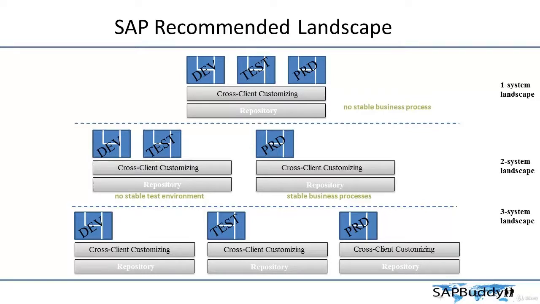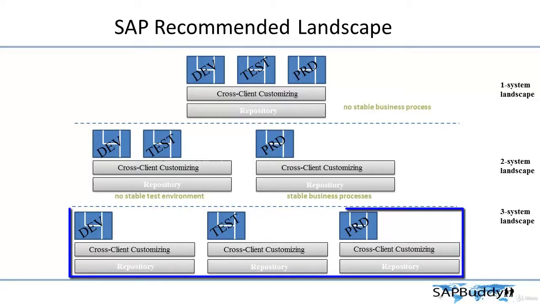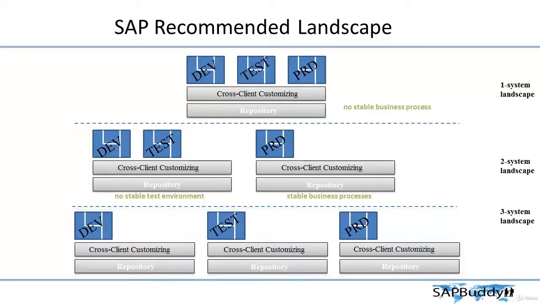Only the customizing objects will differ from one client to another. The cross-client customizing and repository will be the same. In some scenarios we can still use the two system landscape. However, the best landscape recommended by SAP is the three system landscape with different clients. In this landscape, let's assume that you have multiple productive systems.